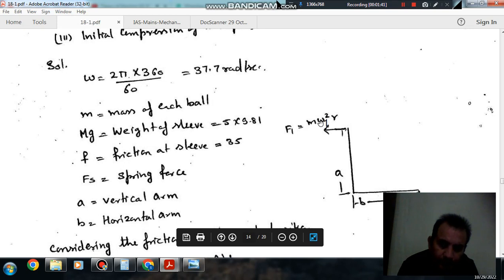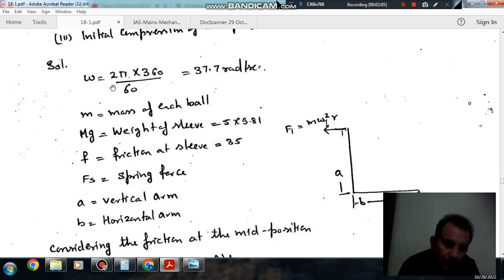As the sleeve is trying to move up, the force of friction will be acting in downward direction. Other forces are spring force and weight of the sleeve. Half of the forces we will divide by 2, because we are taking the left half. And omega 1 is the maximum speed and r is the mean radius.